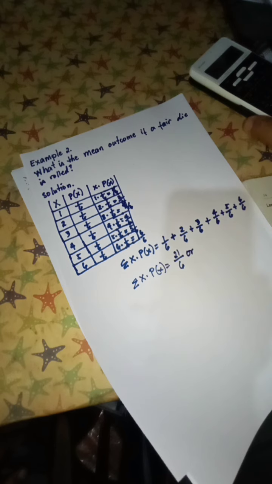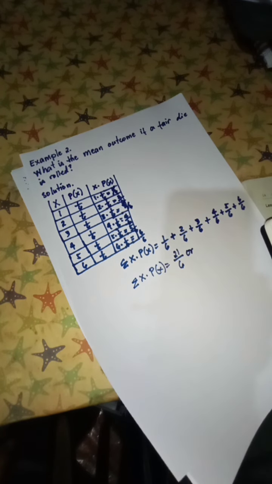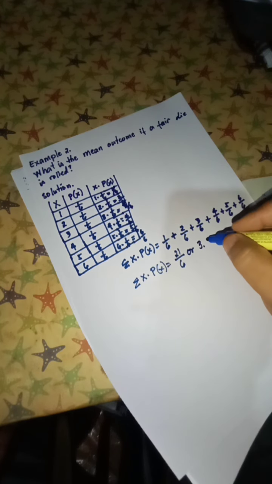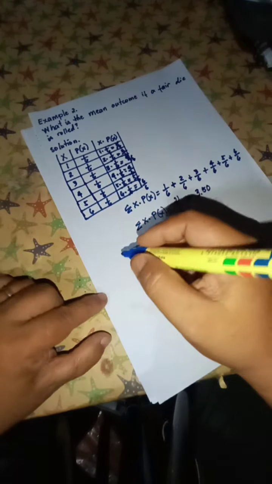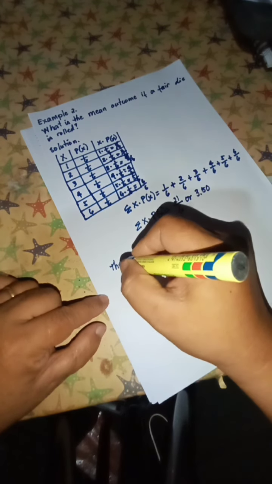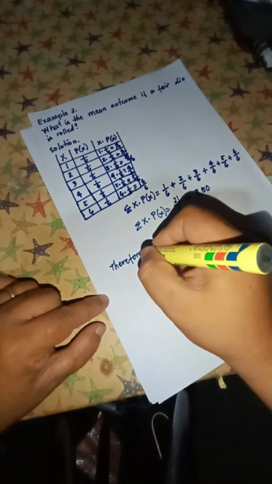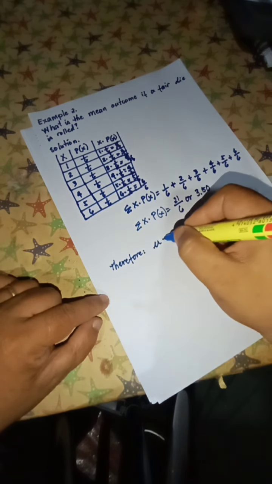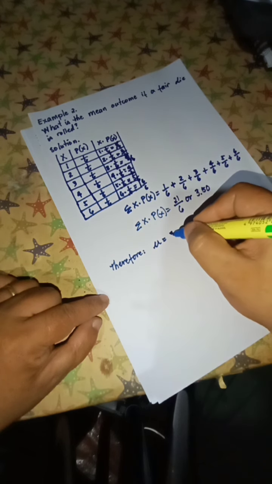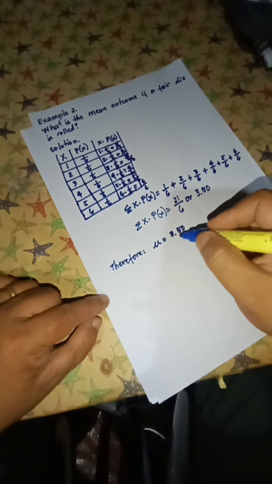Or we divide 21 by 6 is 3.50. So we say therefore mu is 3.50.